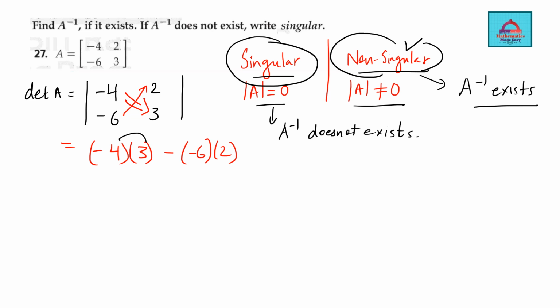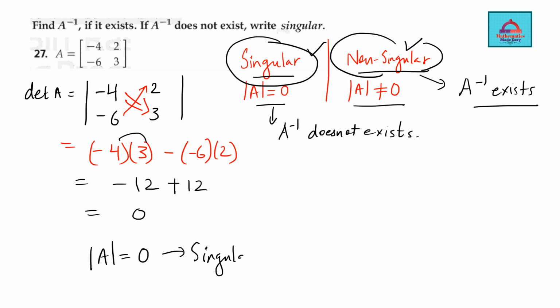So this is going to be minus 12, minus of minus is plus, so 6 with 2 is 12. Now these are opposite signs, so 0. Here you see the determinant value is equal to 0. So tell me, is it singular or non-singular? Yes, you're right, it's singular. And if it is singular, can I find the inverse? No, not at all. So we would just say A inverse does not exist.